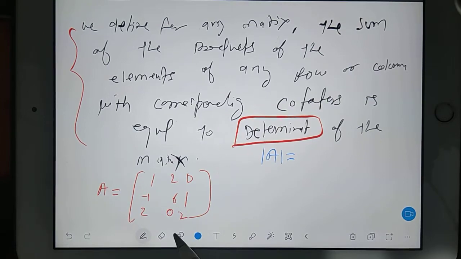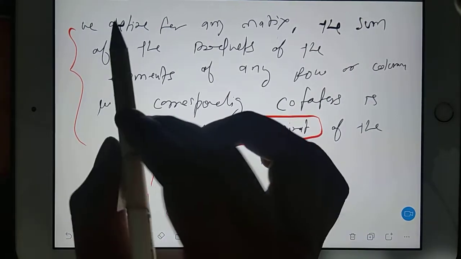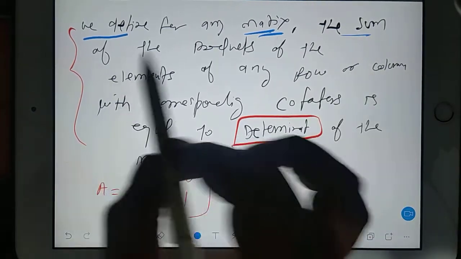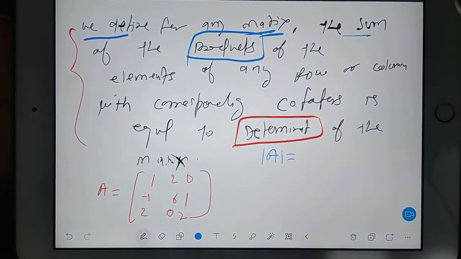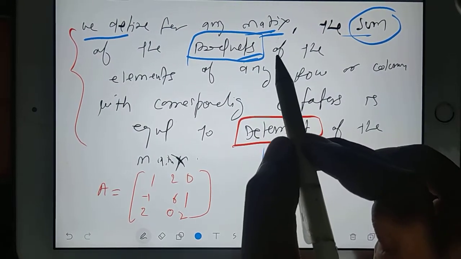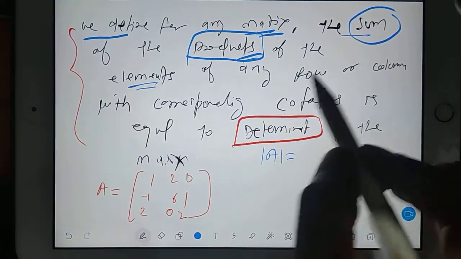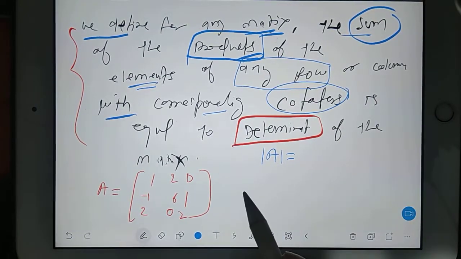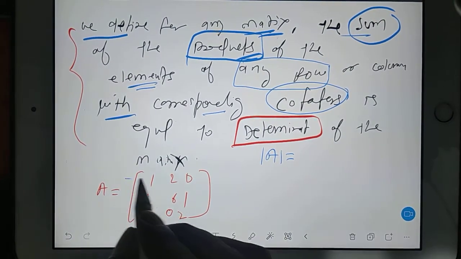How do we calculate? So the idea is, we define for any matrix the sum of the products of whom? Sum of products. But products of whom? Products of the elements of any row with the corresponding cofactor. It means what? I can choose this row.